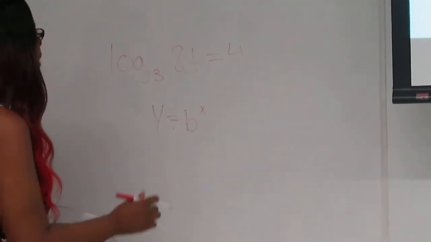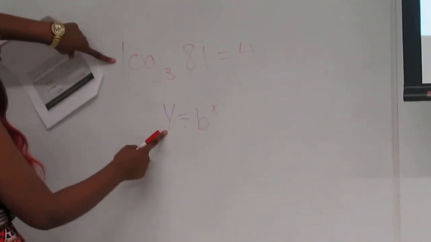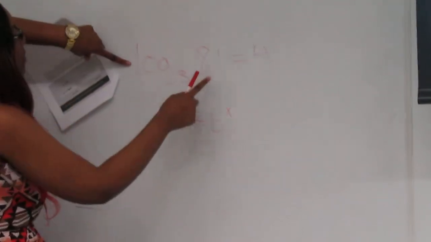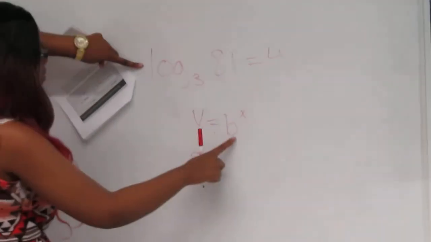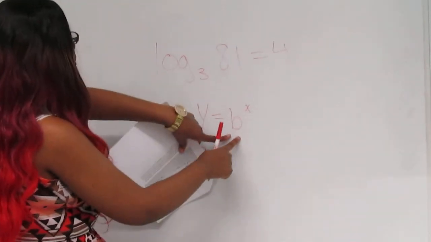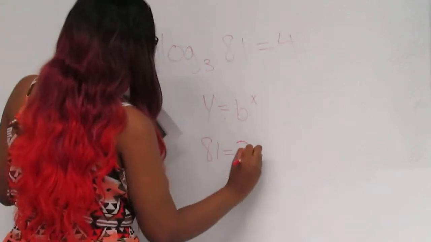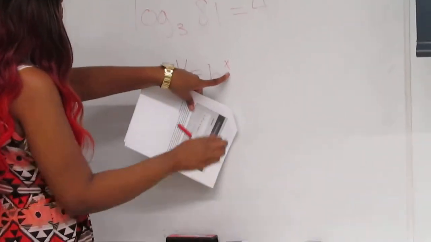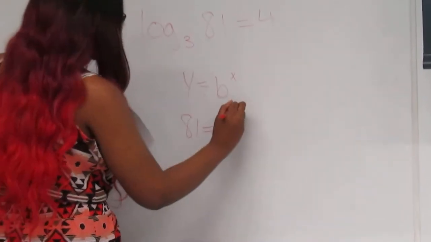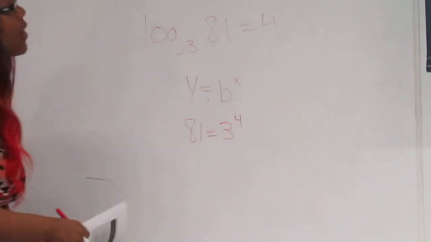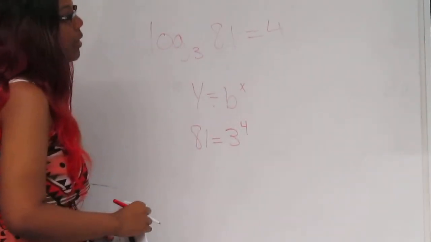Plug and chug meaning you will find the y from this formula, which would be 81, and b would be the base, which is 3. And x for this one is the answer for the logarithm, which would be 4. So basically the answer for A is 3 to the 4th power equals 81.